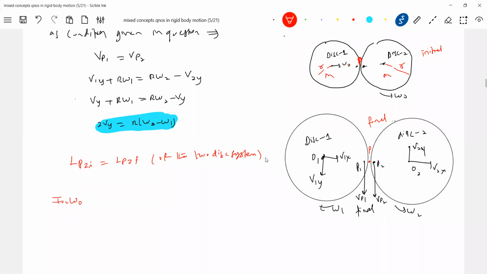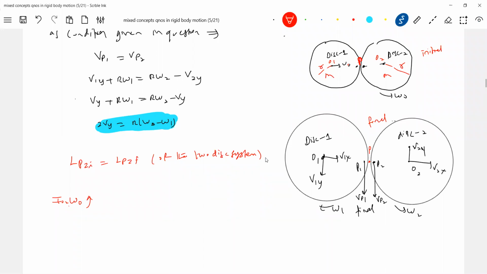There's no translating motion for disk 2. It is passing through point P and you are writing O2, but you should write LPZ. LPZ initial should be equal to angular momentum due to translating motion plus angular momentum due to rotating motion about the center of mass. There is no translating motion, so only due to rotational motion, I O2 omega naught. And what is the sense of this?